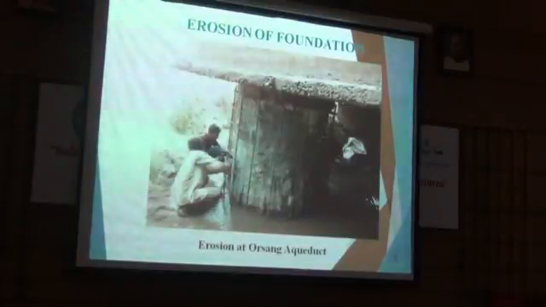Now the aqueduct structure itself, 17 km upstream of this bridge, has around 2.8 meters of so-called erosion. It is not erosion, it is sand mining. And this is the real depth of the sand that has been carried away.